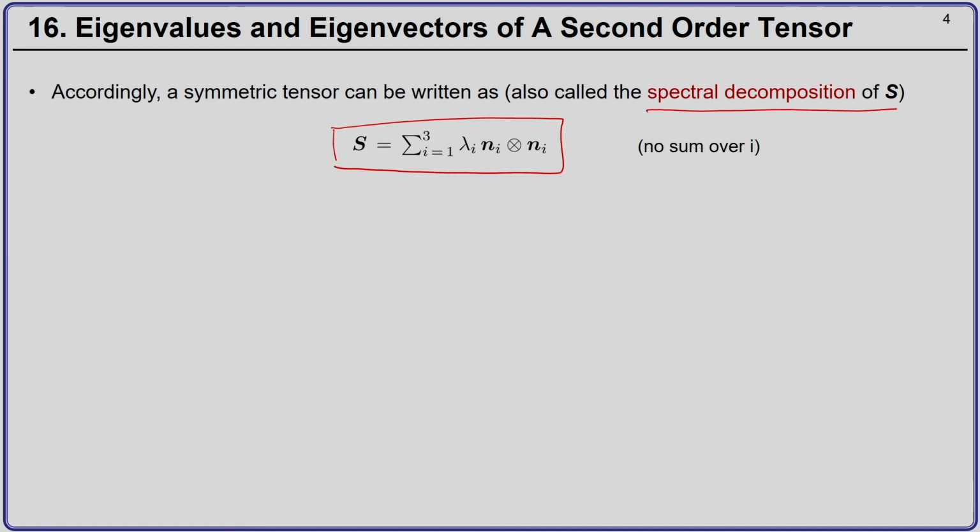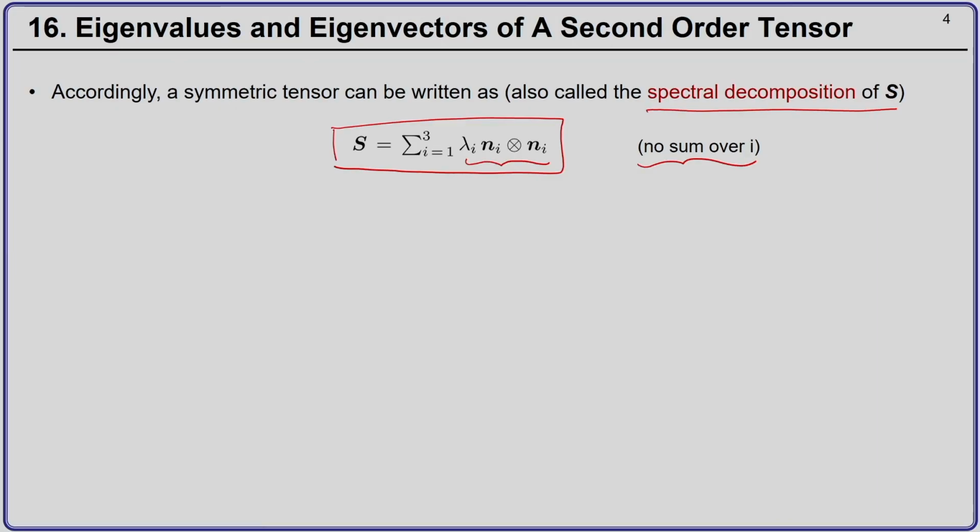You would notice that there are 3 i's in this expression. So, we have to explicitly write no sum over i, because earlier in indicial notation we denoted that if an index is repeated, a summation is implied, but here we do not want summation.